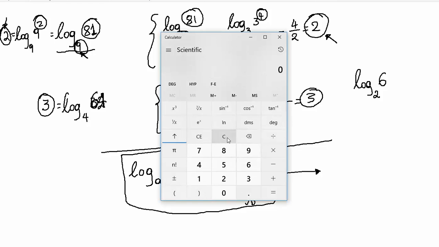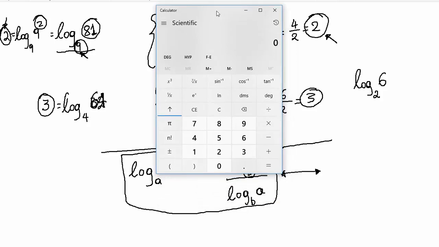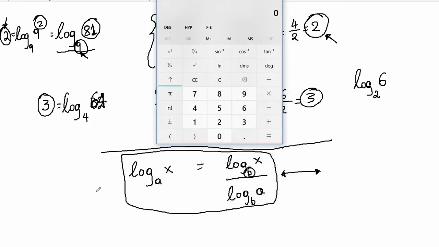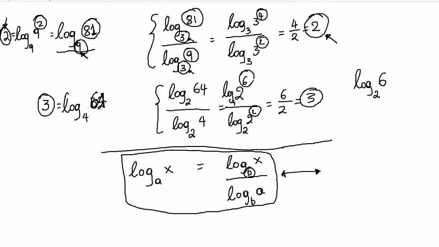Well, so we need a way, a translation formula that can help us calculate this logarithm. And the formula that you will be using is what I show you right here. This formula is the formula that allows us to go from one base to another.